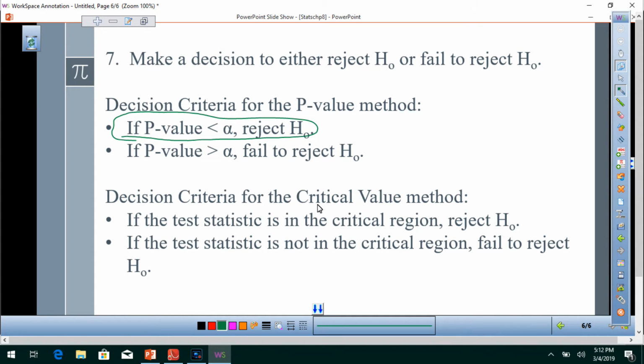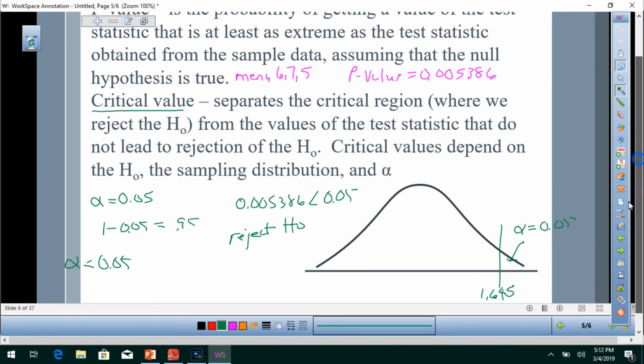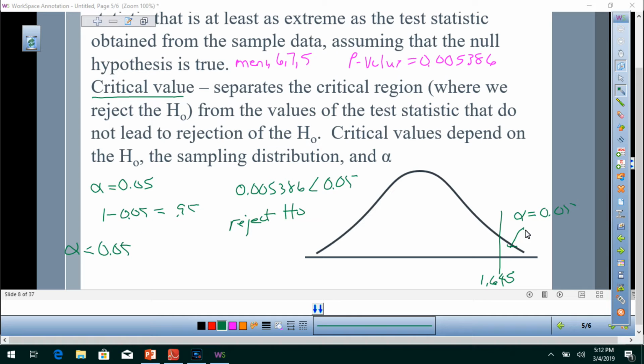Now, the other method, the critical value method: if the test statistic is in the critical region, reject the null hypothesis. So let's go back over here. What did we find for the test statistic? Remember, our z was somewhere out over here, and that was 2.54.